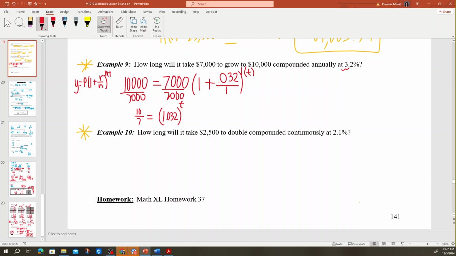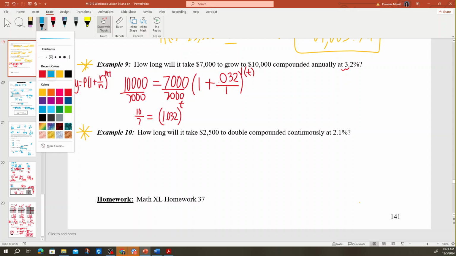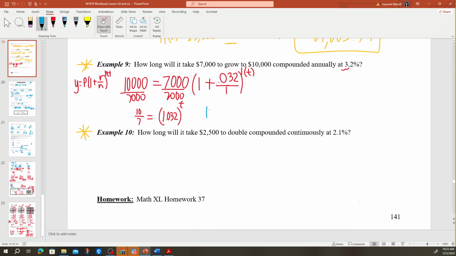This is where you guys get to use the knowledge you just learned. You guys can convert this to a log to solve. Now I had taught you to ln both sides, which I will still go back to, but let's use the properties we just learned, okay? Now this is a bummer because your base is really ugly. My log is gonna be a base what?